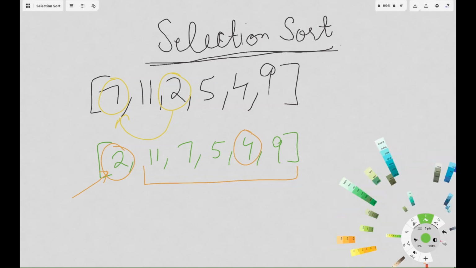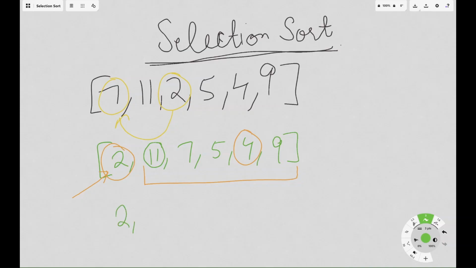Now we will swap 4 with the first element, so the array will become 2, 4, 7, 5, 11, 9.